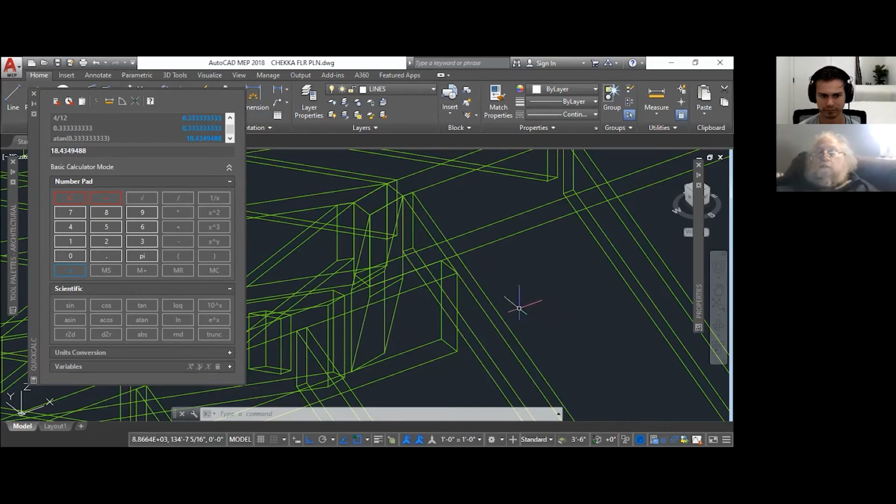So no matter what, as long as these two ridges are the same thickness, which they are, this run is 12 inches longer than this run. So if we take 12 and we minus 3.5 inches from it, then we know we have 8.5 inches from this point to this point.